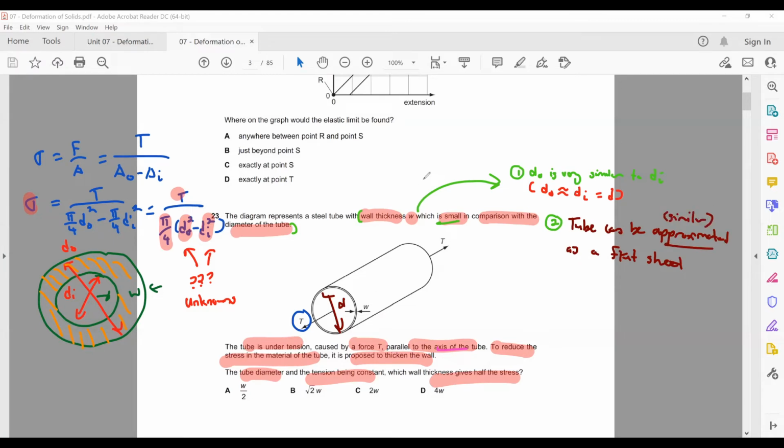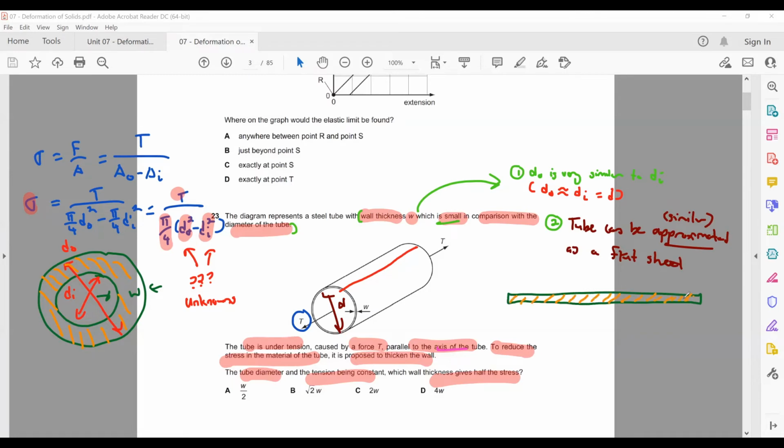What I mean by that is that you can imagine cutting this tube in half right over here and then laying it flat so that it now looks like this. So you cut the tube across, then after that you can lay it flat. It will become a flat sheet. So from here, your area is now this already.